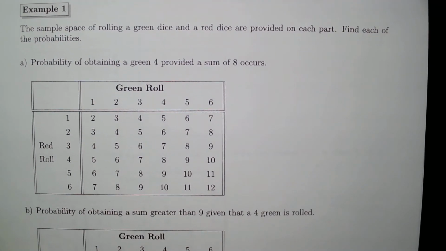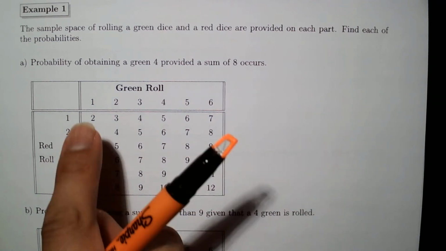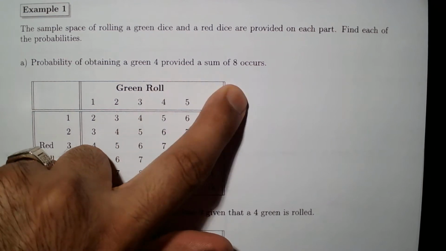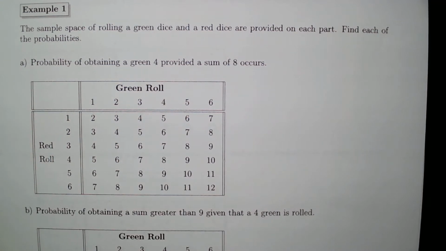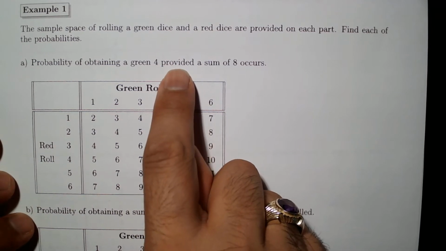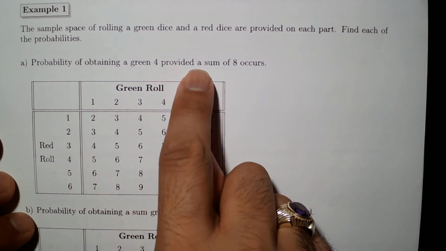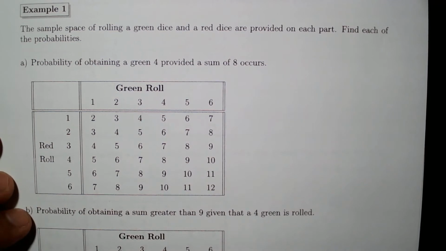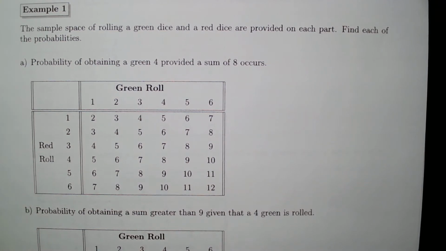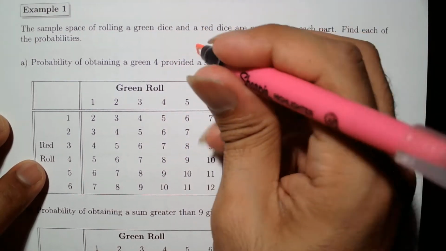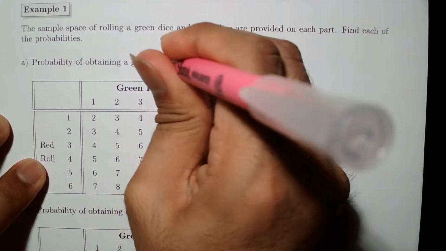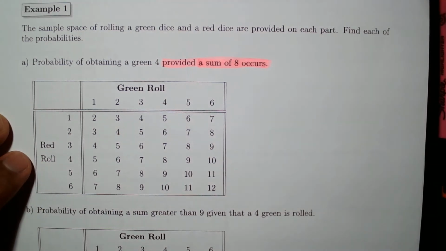So I'm going to go back to the rolling a die problem. We're going to look at the probability of obtaining a green 4 provided a sum of 8 occurs. First of all, let's identify which one is A and which one is B. Whatever is after the word provided, or given that, or assume that, is going to be our event A. I'm going to highlight the word provided as well.